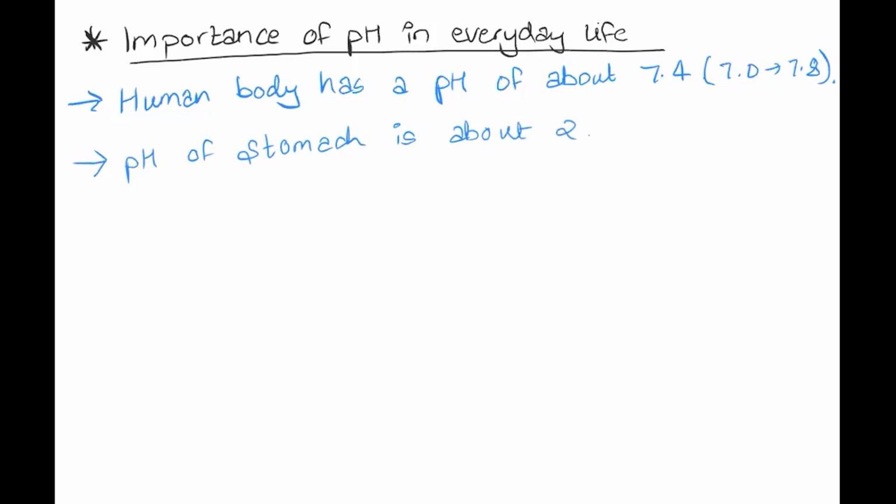So can you tell me why the pH is about 2 in the stomach? Because of stomach acid, hydrochloric acid. Okay, and why is hydrochloric acid present in our stomach? To make the food acidic. Okay, and why do you want to make the food acidic? So that pepsin can digest protein from that food. Yeah, that's correct.